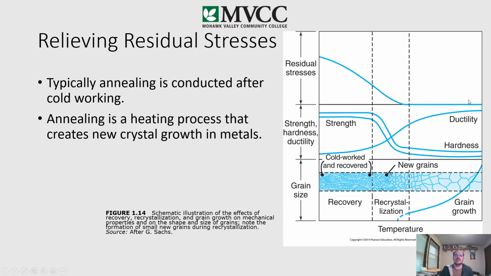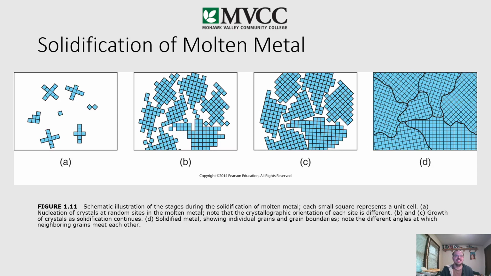So this is really what annealing is used for: relieving stresses, regrowing crystals, basically bringing it back to its original material properties. And again, that depends on how accurately you run your annealing. It's quite a scientific process. It's actually material science, so a whole different degree there if you're really interested in this.